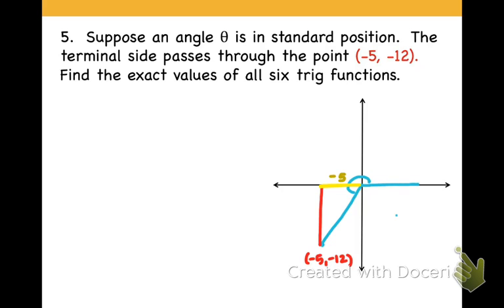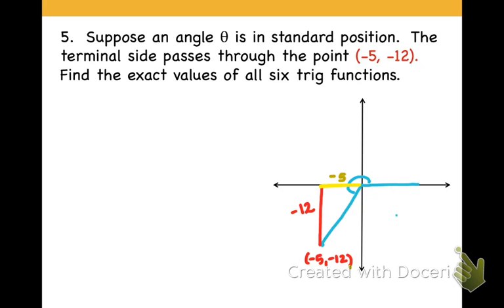That red vertical distance has a length of 12, but it goes down to -12, so that has a side marking of -12. What we want to do is figure out what that hypotenuse is. When we do our 6 trig functions, we need to know our hypotenuse for sine and cosine, and thus for cosecant and secant.